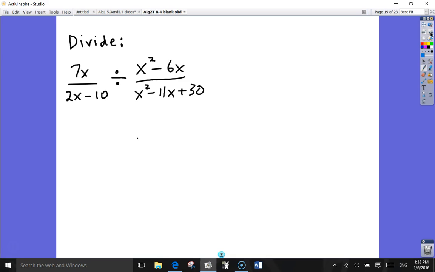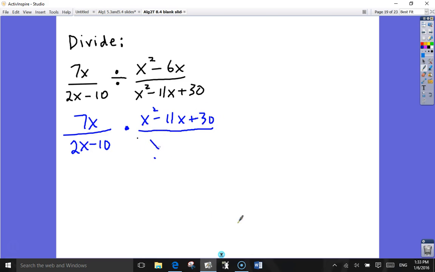So divide. What's the first step of dividing? My first step, I'm going to write this like 7x over 2x minus 10 times x squared minus 11x plus 30 divided by x squared minus 6.